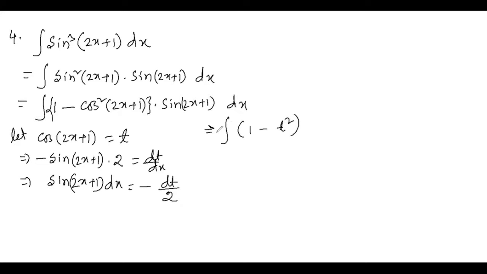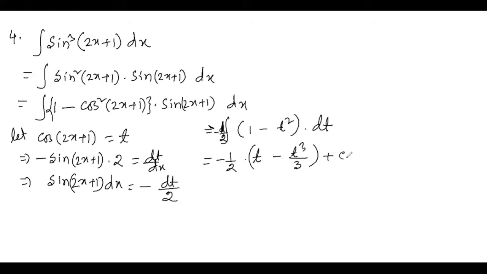This will be minus dt by 2, so 1 by 2 you write it, and here you write dt. Integration of 1 is equal to t, and integration of t square is equal to t cube by 3.